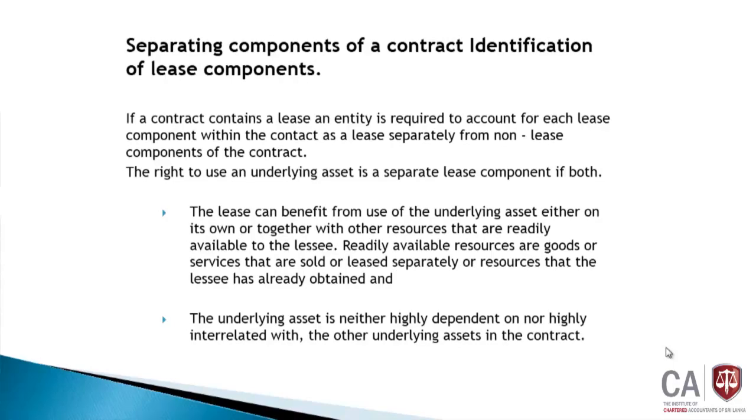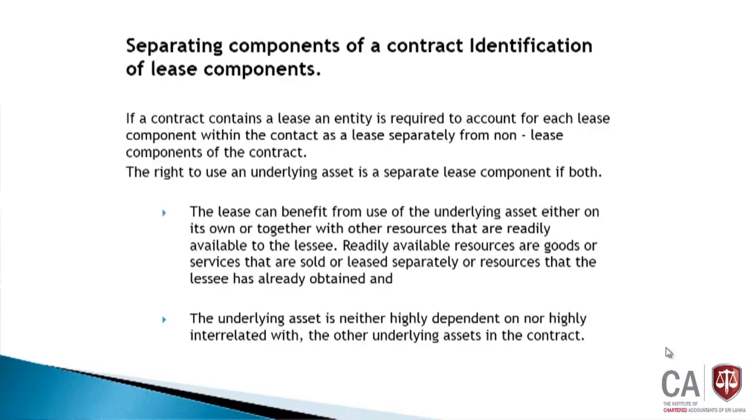C. Separating components of a contract, identification of lease components. If a contract contains a lease, the entity is required to account for each lease component within the contract as a lease, separately from non-lease components of the contract.